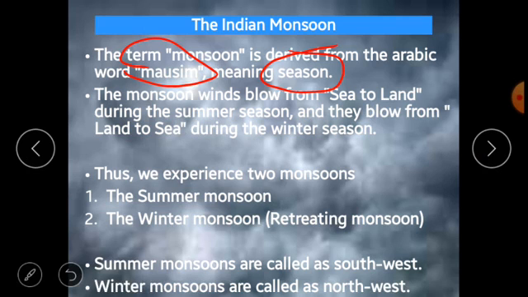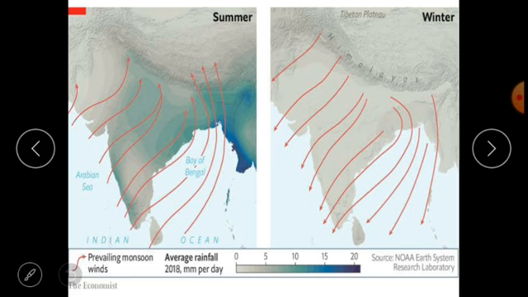Similarly, the monsoon winds blow from sea towards the land during the summer season. In summers, the winds start blowing from the sea towards the land. You can see here that the winds are moving towards the land from the sea.